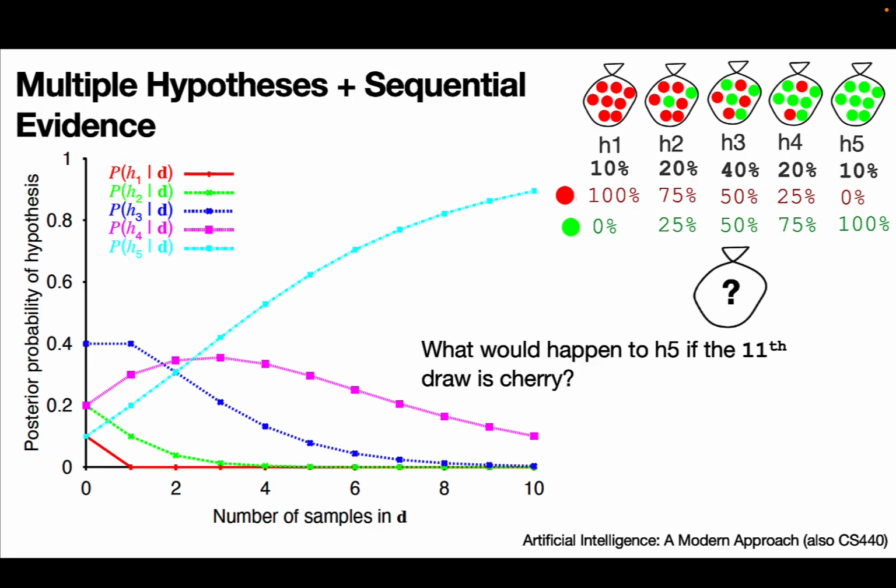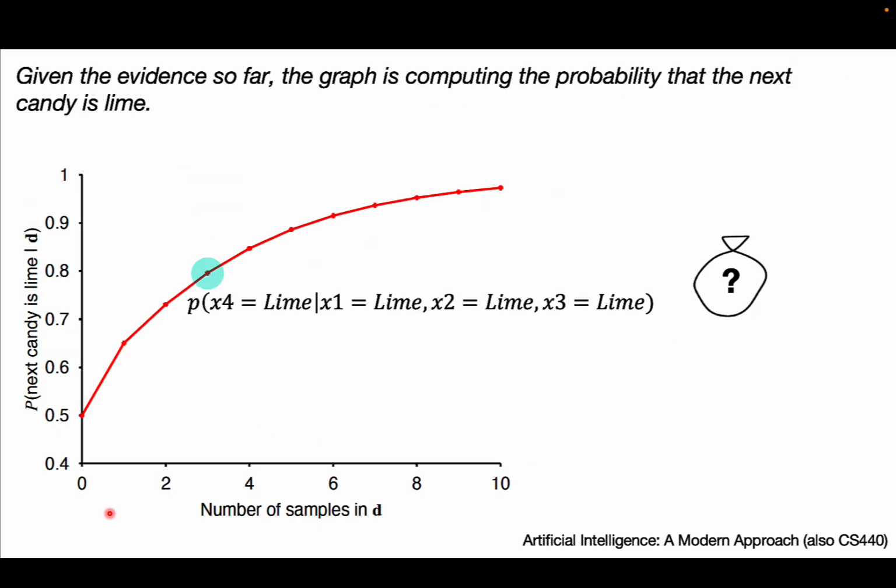Here's another interesting question. What would happen to hypothesis 5 if the 11th draw happened to be a cherry? In this case, the probability is going to drop to 0 because this bag doesn't have a cherry. And finally, to predict whether the flavor of the 11th draw candy is lime, we compute the posterior probability that the candy is lime given x1, x2, x3, all the way to x10 already lime.